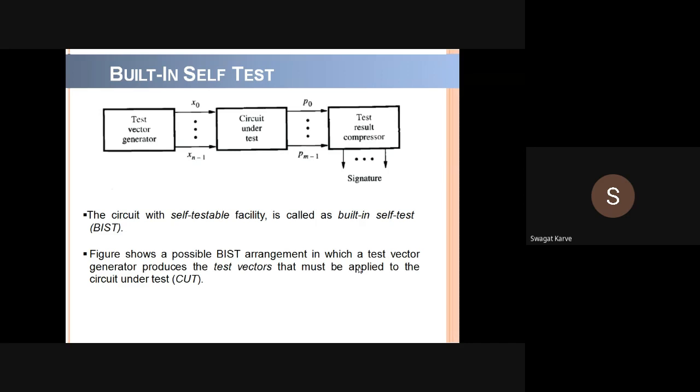That may be an FPGA, and nowadays it is also available with some embedded boards. Through a JTAG interface you can easily check that board also. So this built-in self-test facility is provided within the board, so that you wouldn't be required to have any additional circuitry for testing purposes.